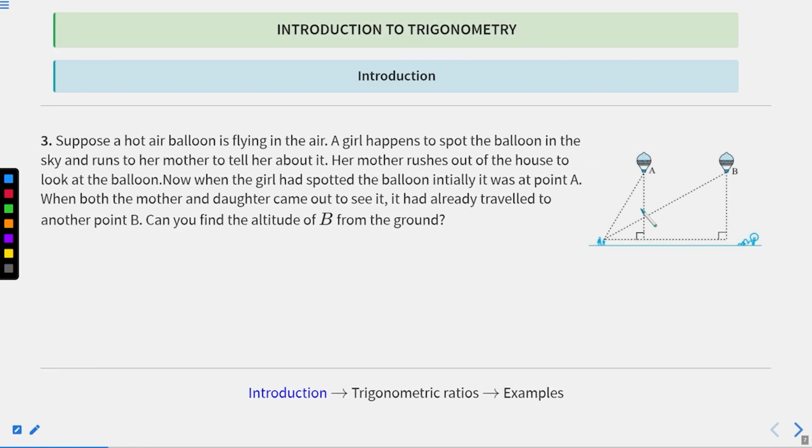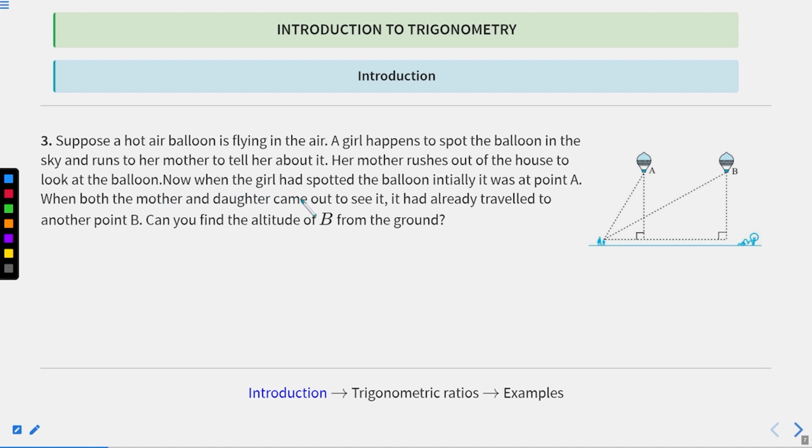In example 3, we suppose a hot air balloon is flying in the air. A girl happens to spot the balloon in the sky and runs to her mother to tell her about it. Her mother rushes out of the house to look at the balloon.